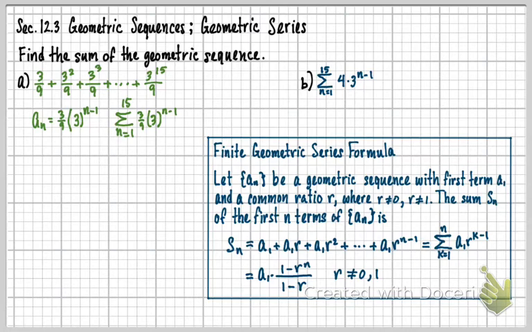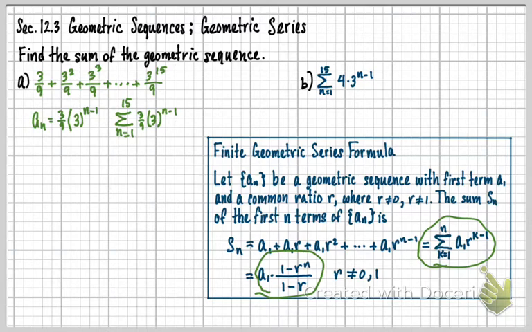The sum S sub n of the first n terms of a sub n, that partial sum, is going to be a1 times 1 minus r to the n over 1 minus r. And see, here's that series that we set up previously. So now we're just going to plug in the information we need for this sum.